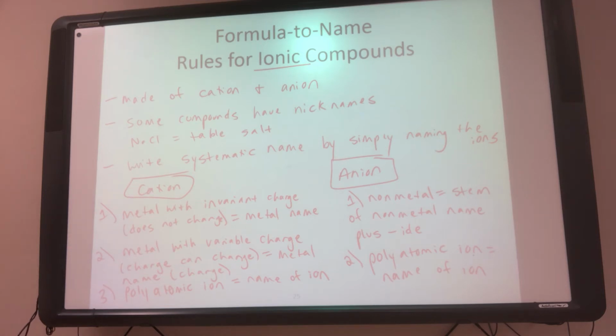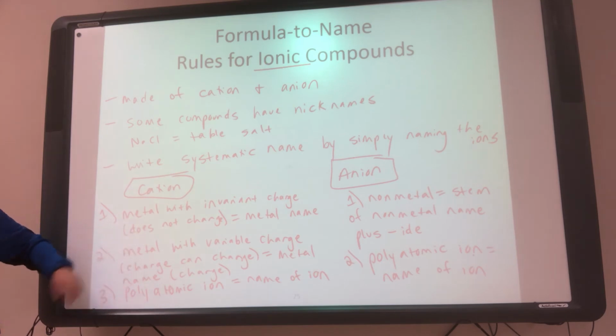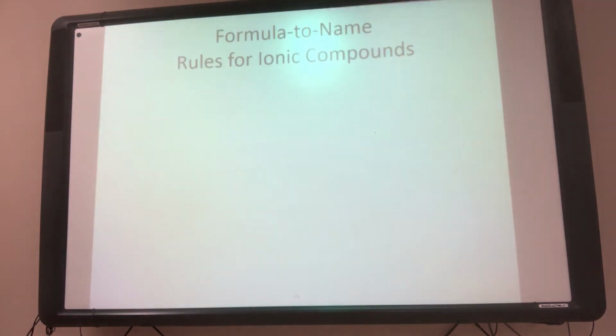Alright, so let's talk about the cations a little more, specifically parts 1 and 2. How do I know if the cation is invariant or if it's variant? So let's look at that. Metals with invariant charge, the ones that are going to stay the same.